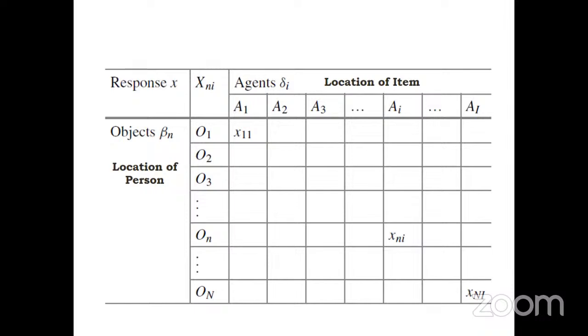So this response is a function of this person's location and the item's location. That's what it means. The response of any person on any particular item is a function of the location of that person and that item on the continuum.